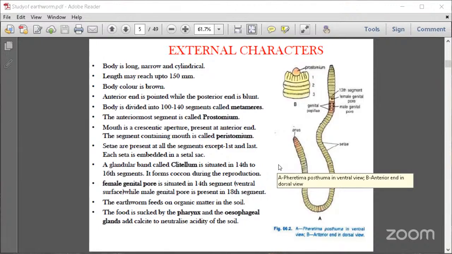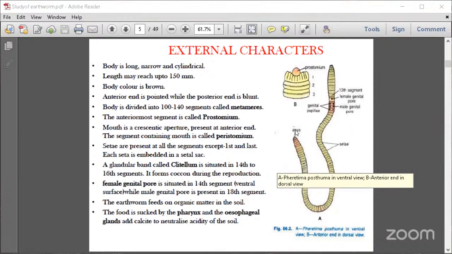That's why these earthworms are known as hermaphrodites, because they possess both the male and female reproductive organs in the same individual. As we just discussed, genital openings can be seen at the 14th and 18th segments.